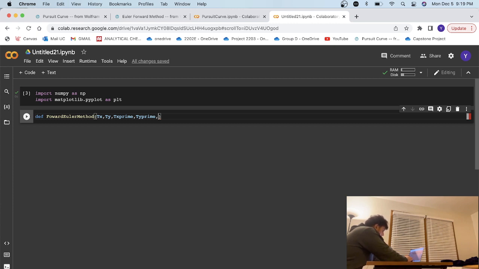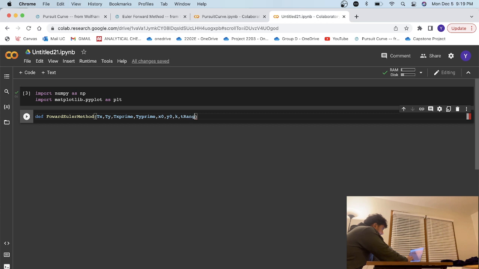What else do we need in our function to take in these initial values? x0, the start position in the x direction, and y0, the start position in the y direction. We need a proportionality constant, which is how fast the pursuer is going relative to the target. That's what this constant derives from.